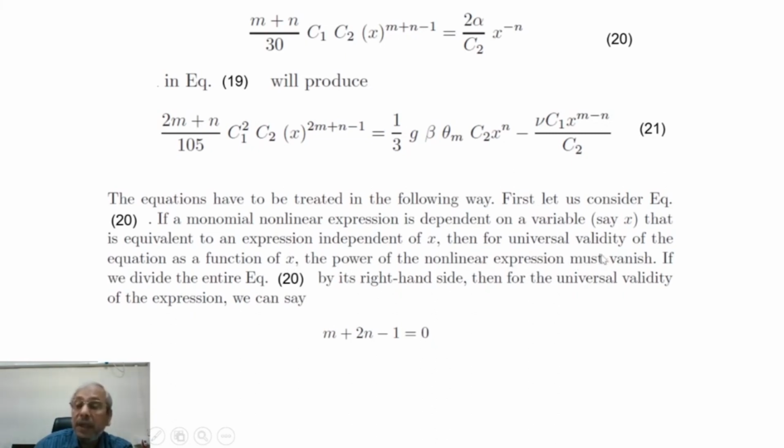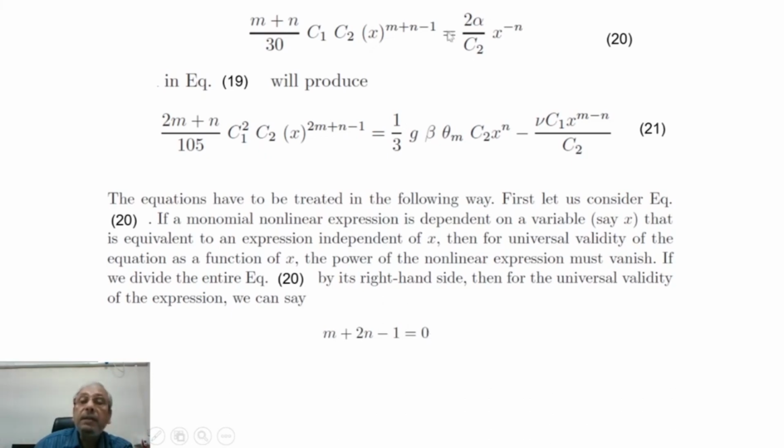Please read it carefully. If we divide equation 20 by its right hand side, we just divide x power (m plus n minus 1) by x power minus n. So we get m plus twice n minus 1 equal to 0.